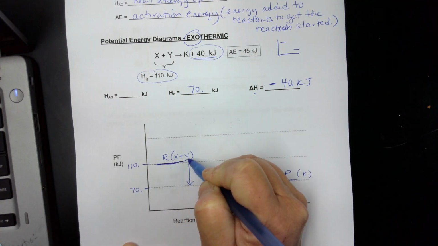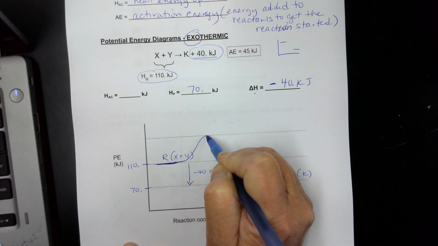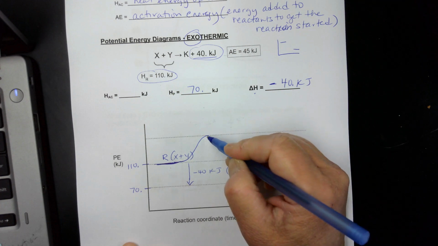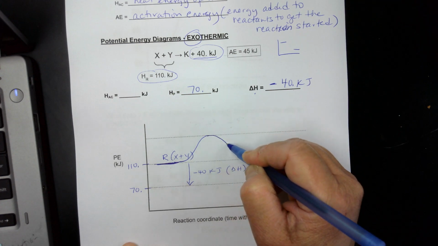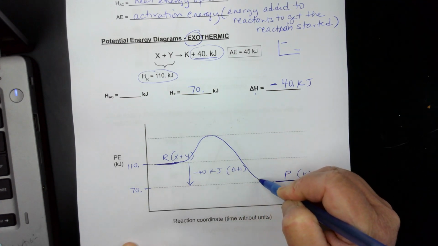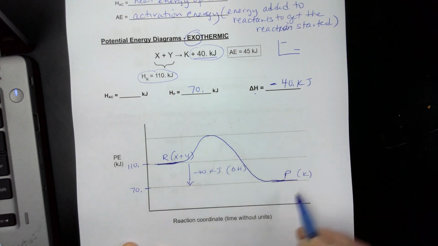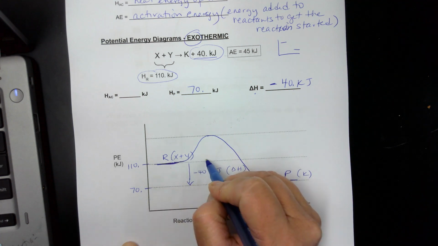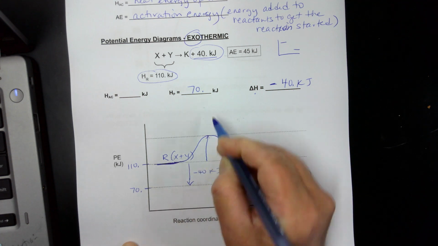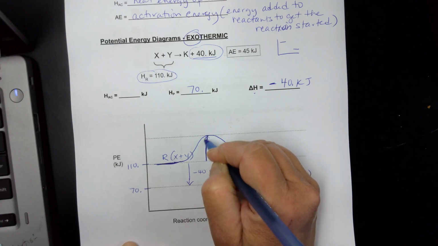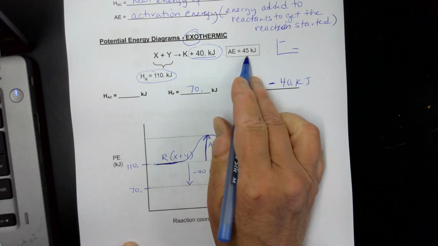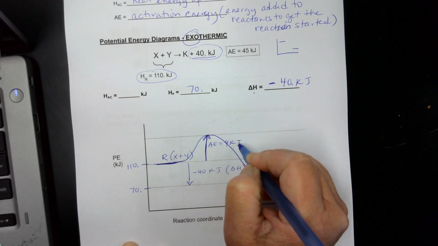From the reactant energy, we're going to go up. We're going to draw the graph up to this line, and then we are going to bring it down until it meets up with the products. The energy that we had to add from wherever the reactants are up to the peak, and that's supposed to be a straight line, this is our activation energy, which was told to us is 45 kilojoules.